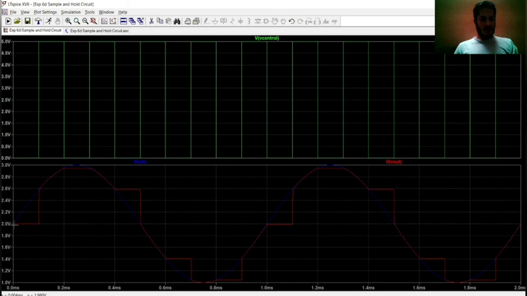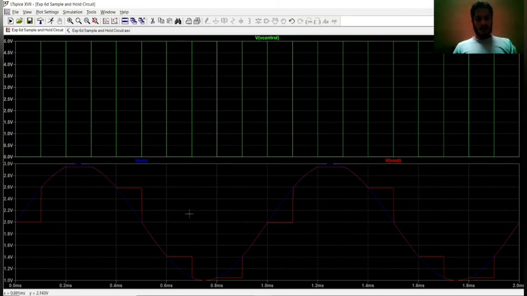As soon as the control signal reaches the maximum value, the output follows the input, that is, the voltage across the capacitor charges, and similarly it goes on across the whole sine wave. And this sample and hold circuit is such that we have 10 samples per cycle, and the number of samples can be changed according to the control signal, also keeping in mind the Nyquist criterion.